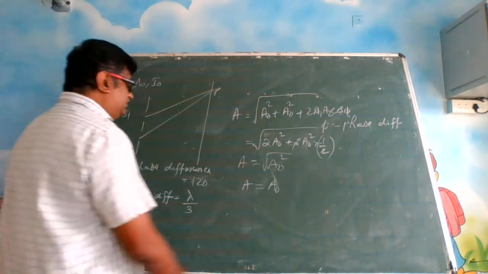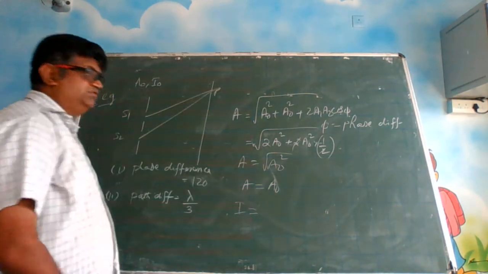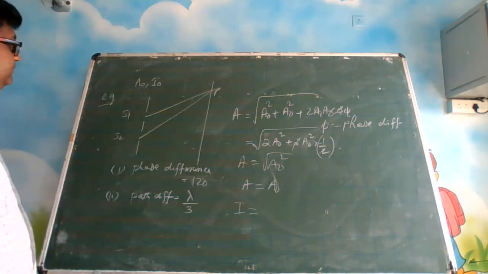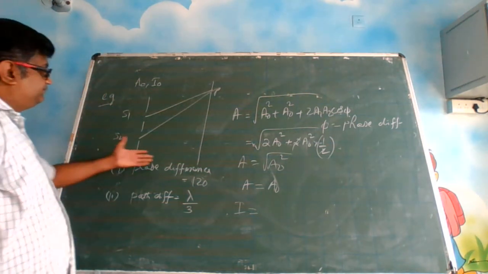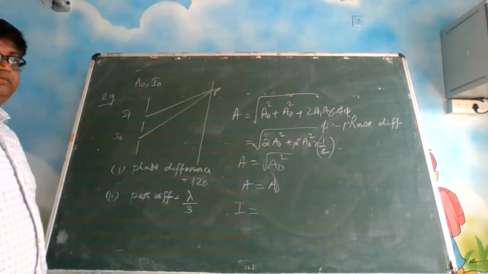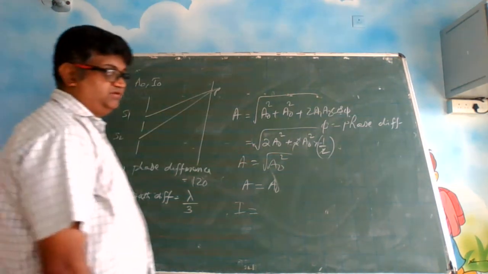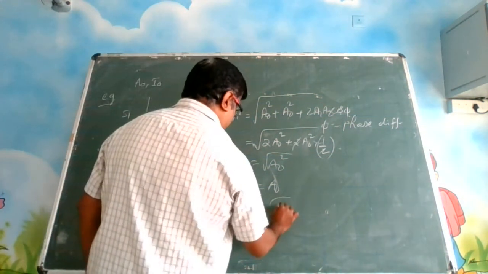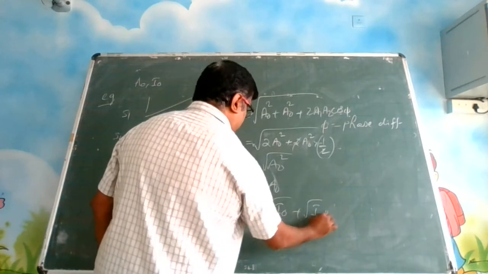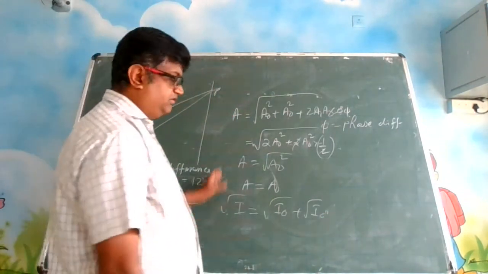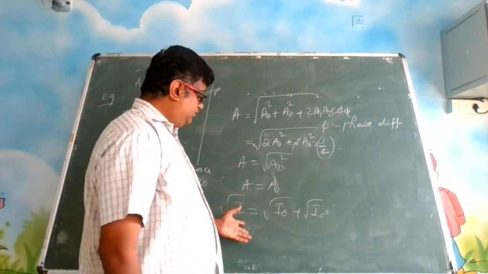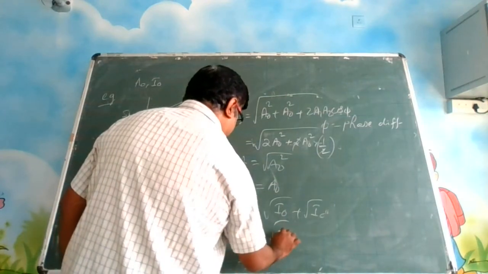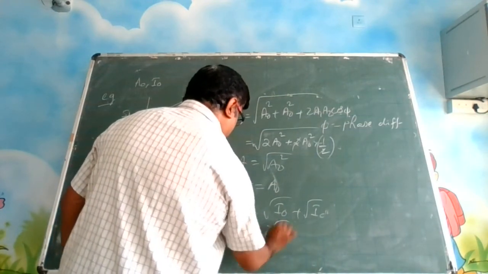What about intensity? What is the equation for intensity? When we talk about intensity, in the question he is talking about constructive interference. So for constructive interference, root over I is equal to root over I0 plus root over I0, which is root over I equal to 2 root over I0.